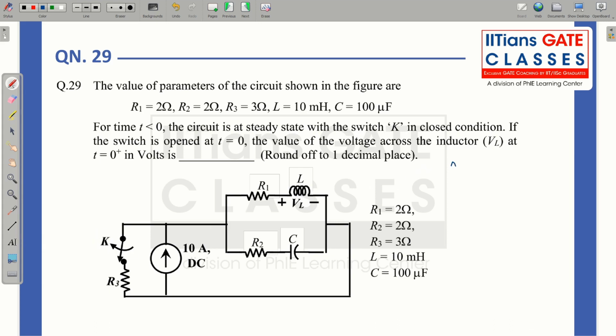Before switching, when your circuit is at steady state with switch K closed, let us redraw that diagram. We know that at steady state, the inductor is short circuited and the capacitor is open circuited.